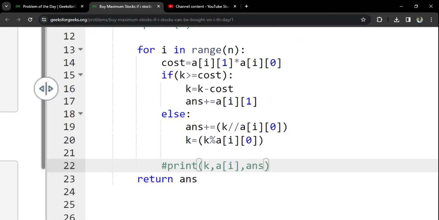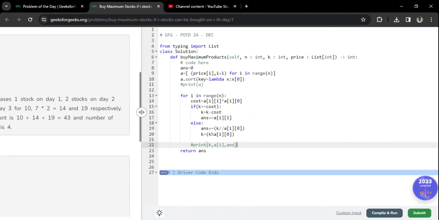So yeah, and that was all. And one optimization that you can do is that, see, this for loop is running for all the length of the array. Okay, but what is happening here is that, see, once k becomes 0, there is no need to run further. As simple as that. Because see, I've arranged it in the ascending order of price, right? If this number comes 0, that means we are not purchasing anything.